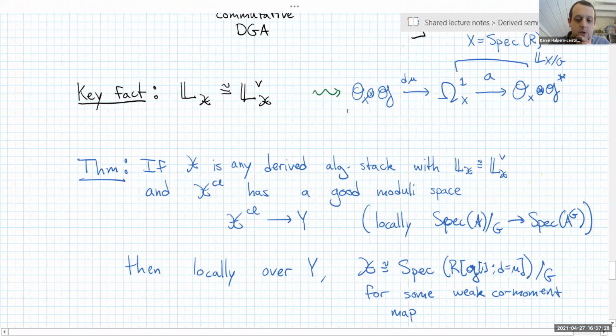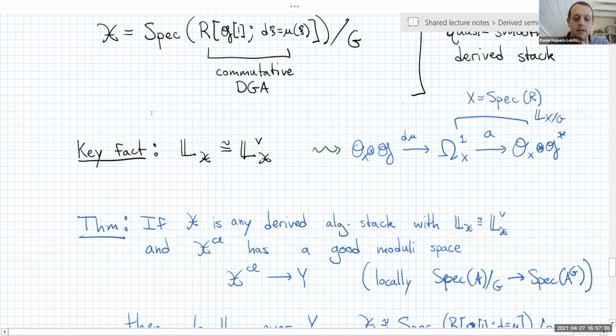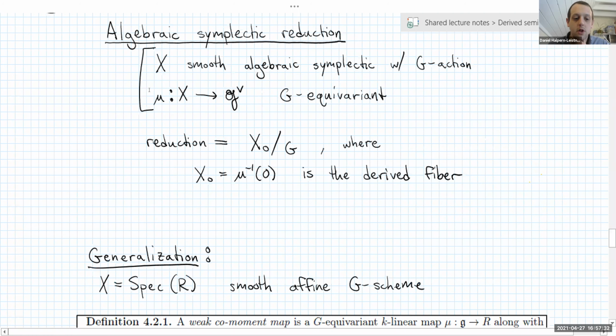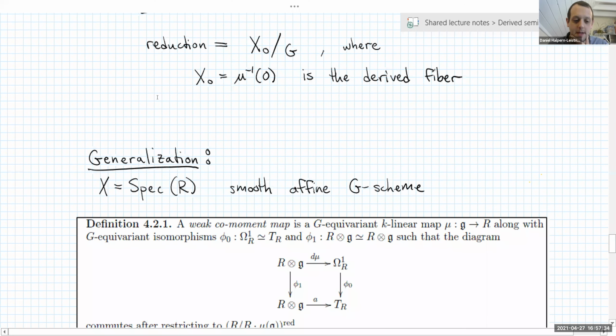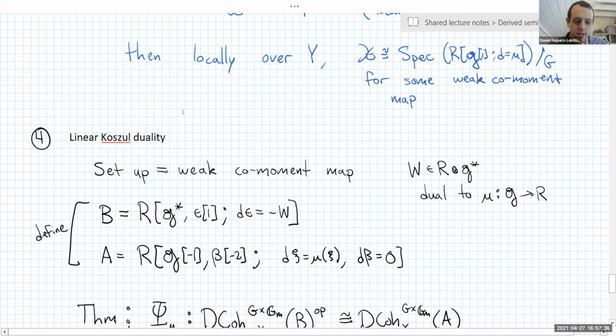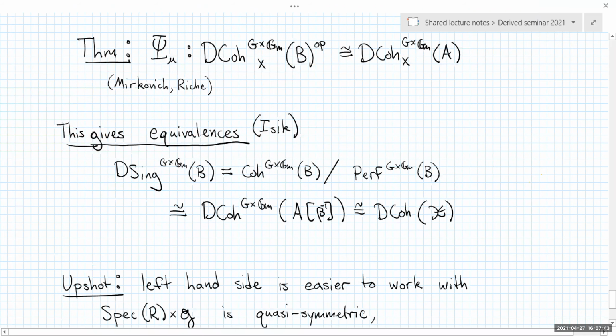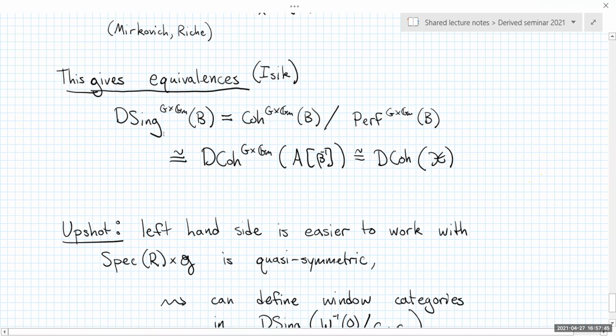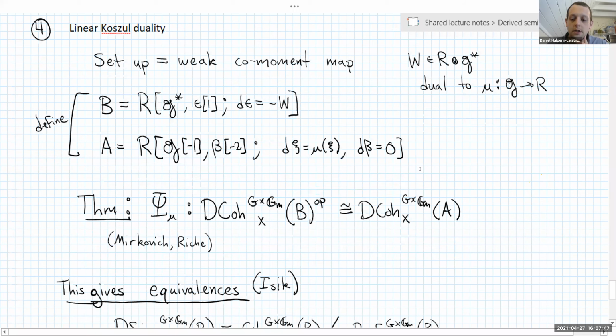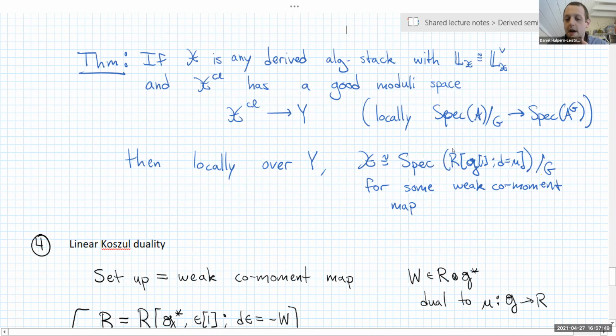Okay, so that's why I've told you about this, because these are local models for the kinds of stacks that I'm going to be interested in. Is it some version of the étale slice theorem? Yeah, this is a version of the étale slice theorem, but the crucial thing is that it's modified.